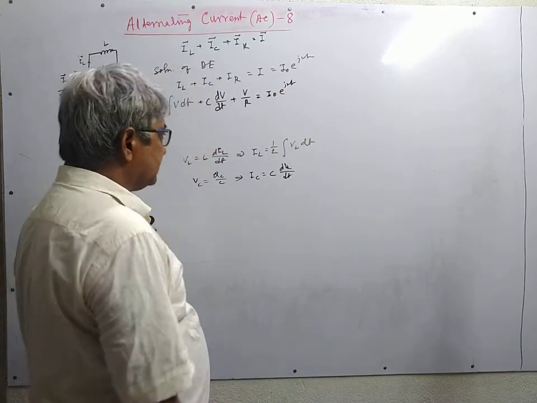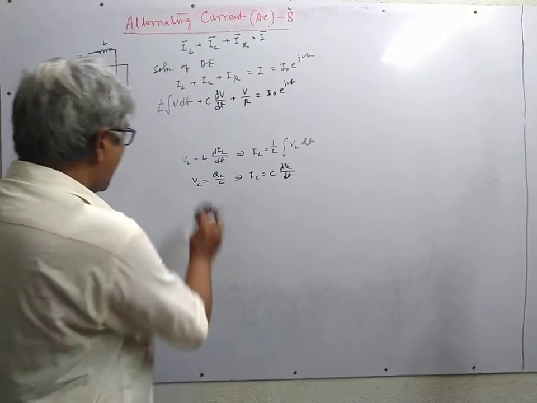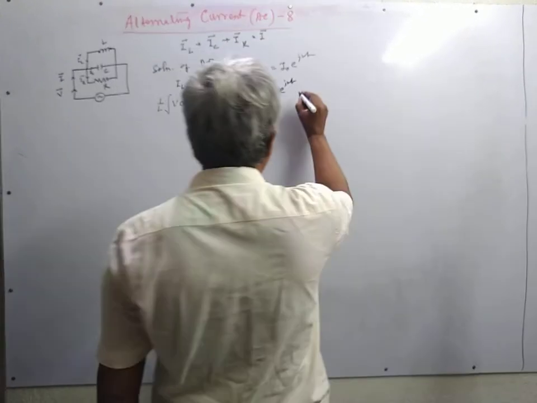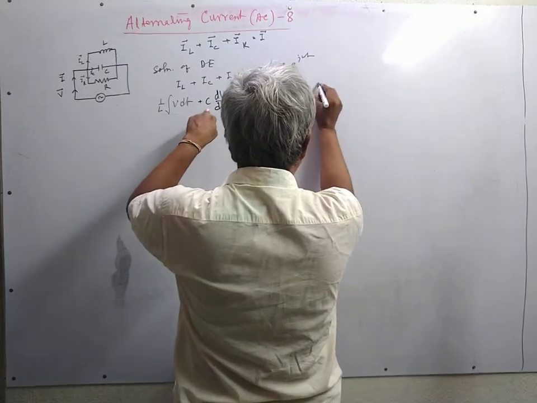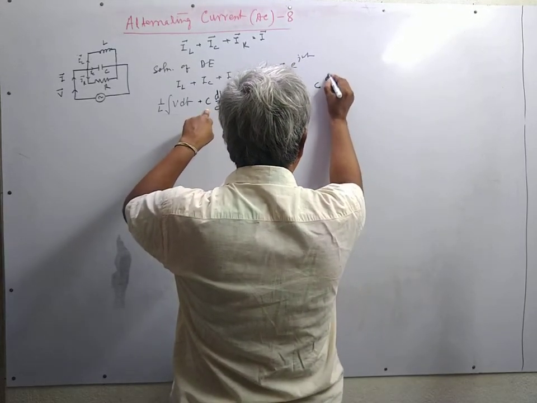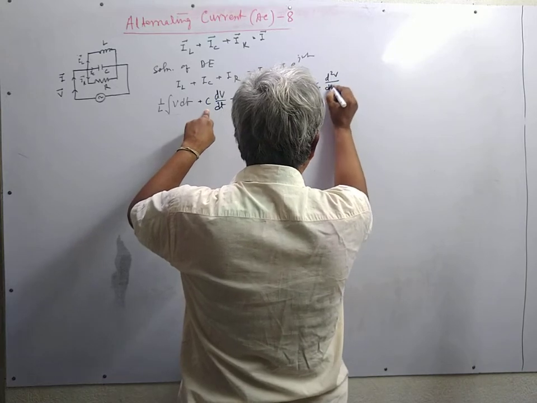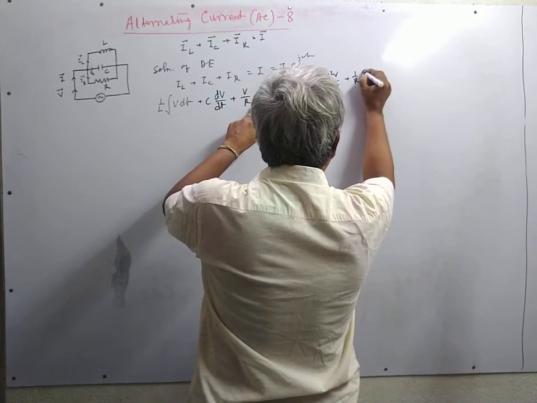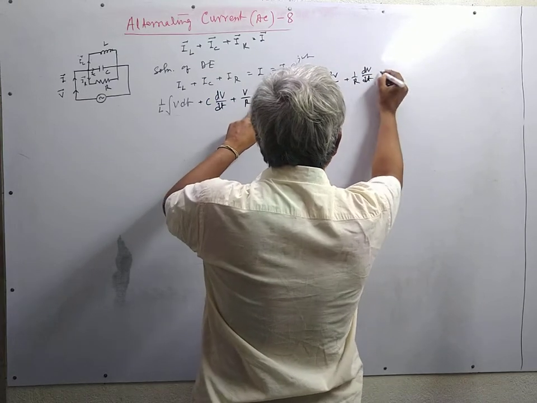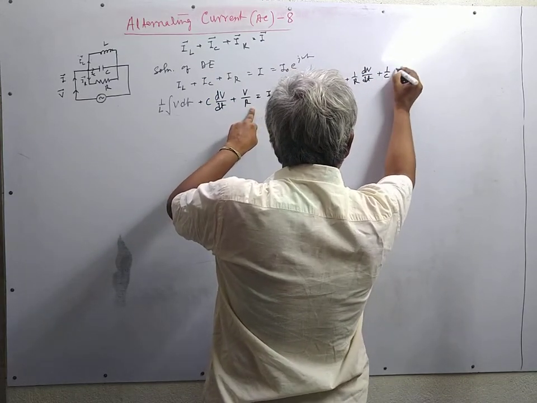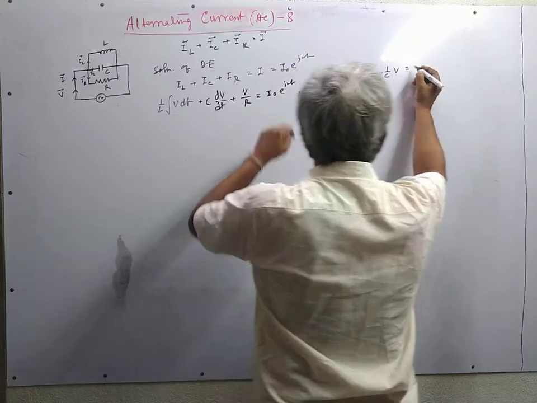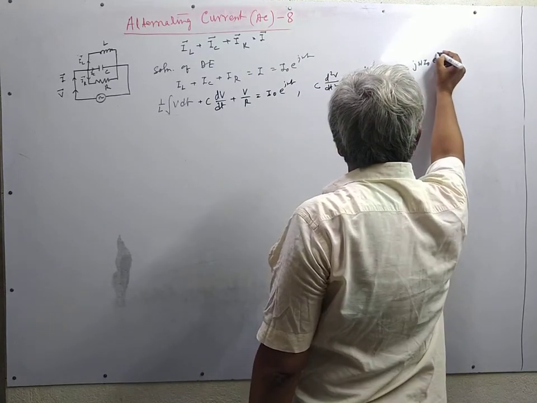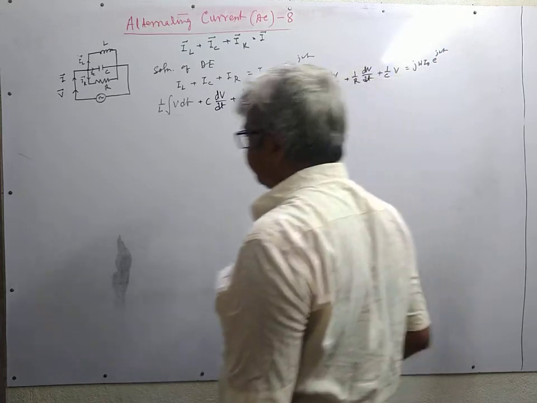On differentiating this expression with respect to time, we get a second order differential equation: C d2V/dt2 plus 1 by R dV/dt plus 1 by L V is equal to j omega I0 e to the power j omega t.